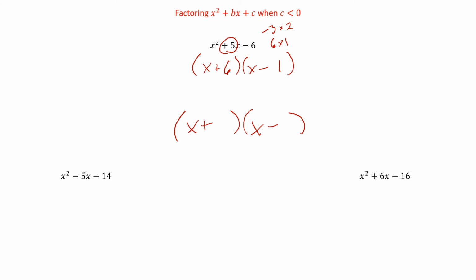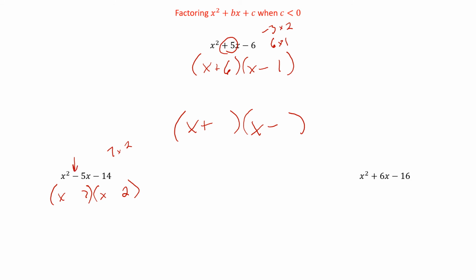14 could be 14 and 1, but those are going to subtract to give us 13. We're looking for a 5. So 14 could also be 7 times 2. Can we subtract that to get a 5? Yeah, 7 minus 2 is 5. So we're going to have a 7 and a 2. We have x and x. I'm going to put 7 and 2, and then we need to see which one's negative.